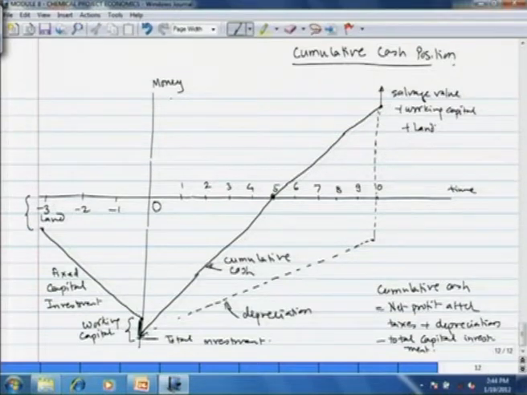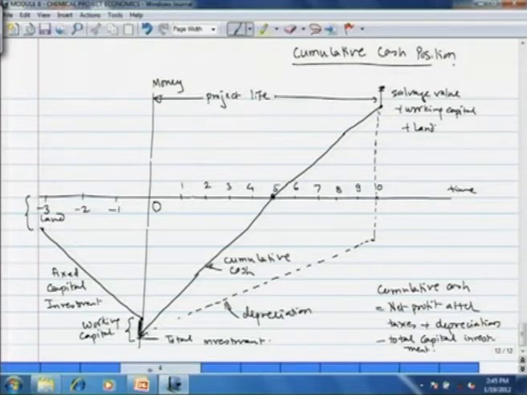So, this is the project life, 10 years, and finally we are left with this much money. If the amount of money that we are left with at the end of 10 years is higher than that invested at time 0, that could be a measure of profitability of the business.